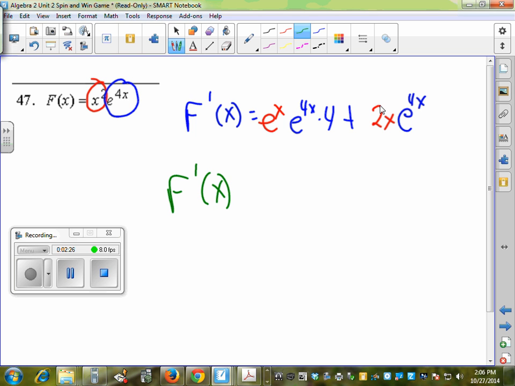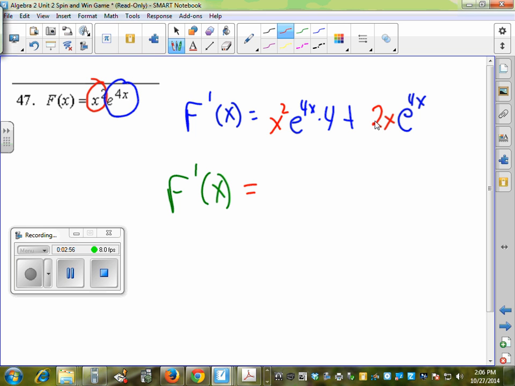I see each of the 4x in common. Let's see, what I had for first should have been x squared. So that should have been first times derivative of the second plus second times derivative of the first. I'm good to go now.